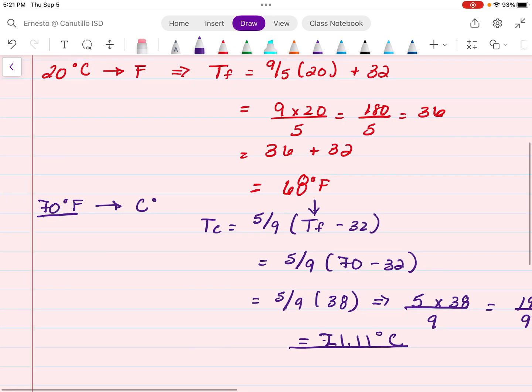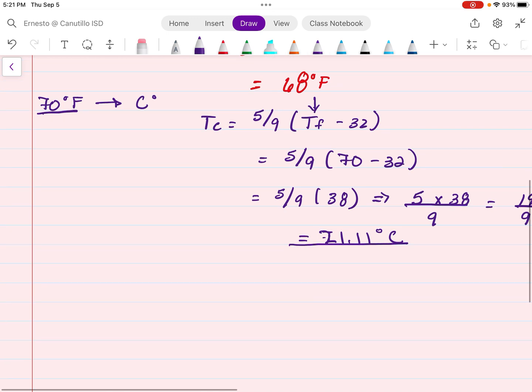Now, if I wanted to take that temperature in Celsius and convert it to Kelvin, 21.11 degrees Celsius, and I want to convert that to Kelvin. Well, this is the easiest one of all, because Kelvin, remember, is equal to the temperature in Celsius plus 273.15.